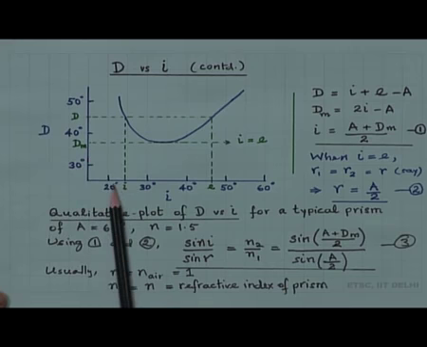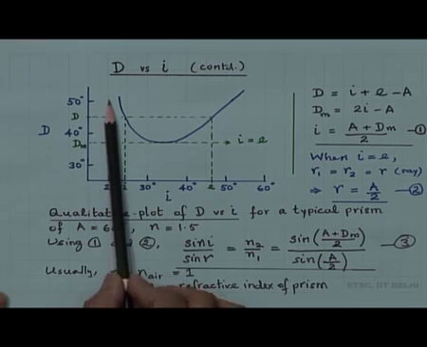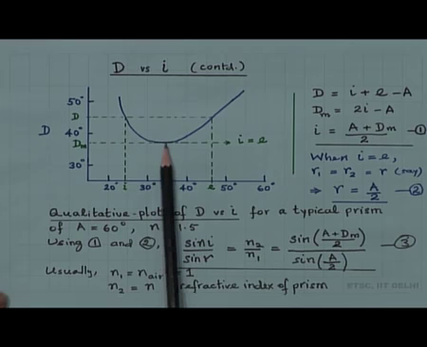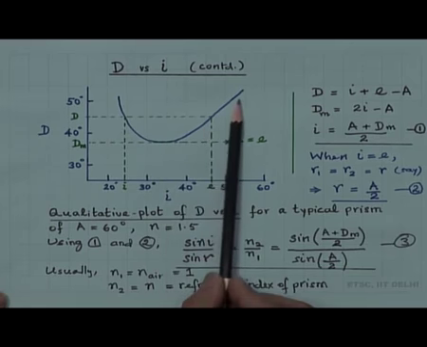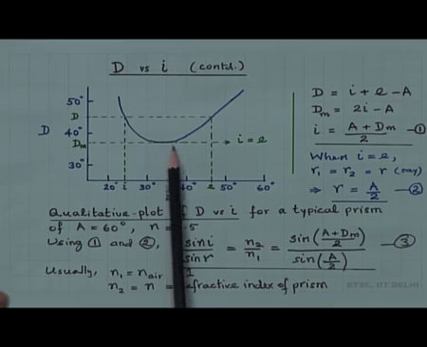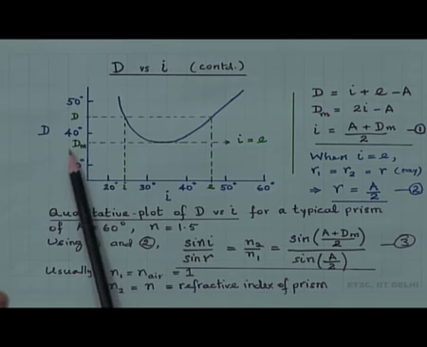If you start from one end and go on increasing I, then the angle of deviation will come down initially to a minimum value, and then it will again start increasing, and this angle of minimum deviation is designated by dm.